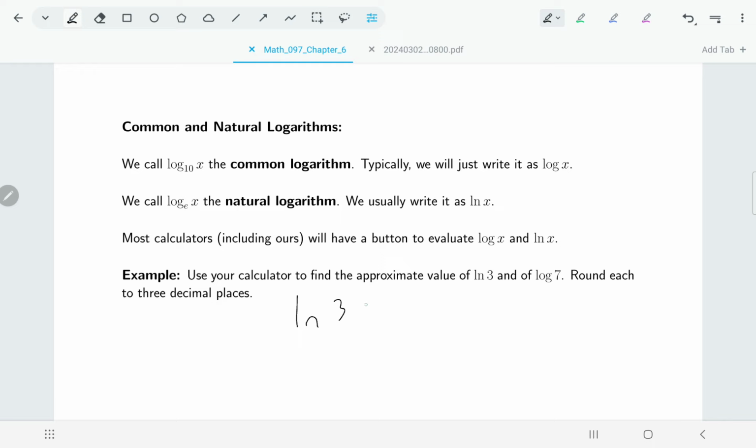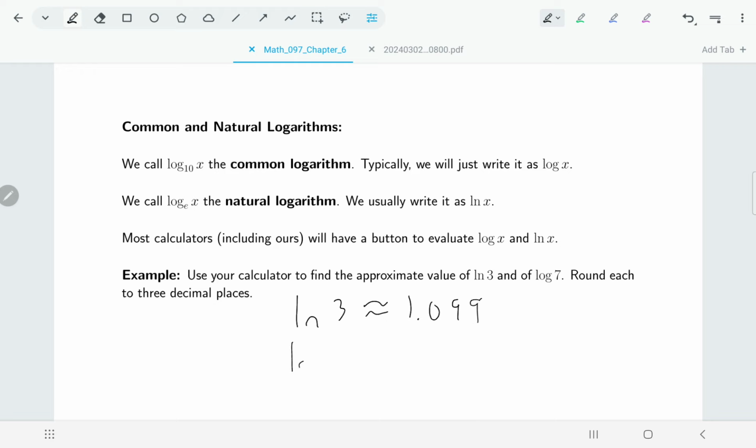It's going to be some sort of terrible decimal number that we're going to have to round off, and in this case, it turns out to be about 1.0986, so if I'm rounding it to 3 decimal places, 1.099.